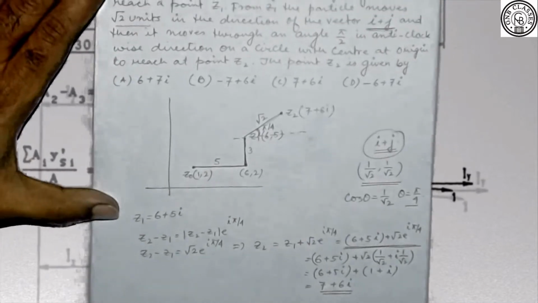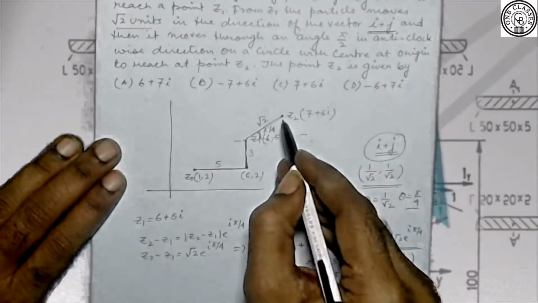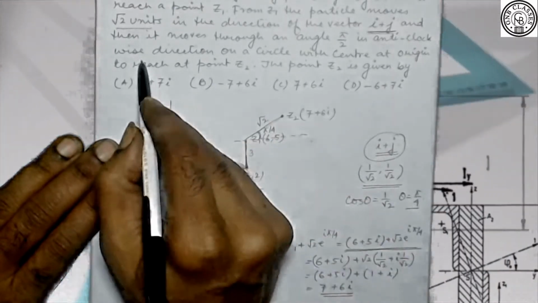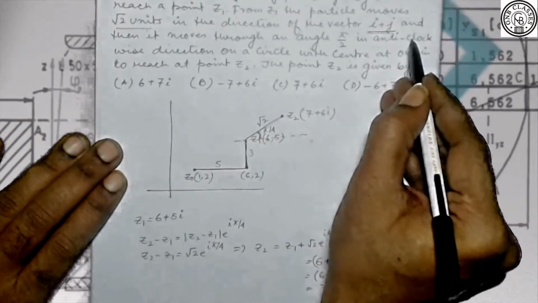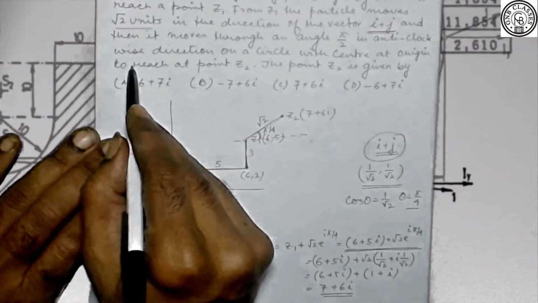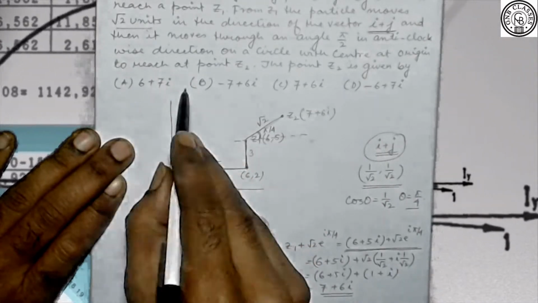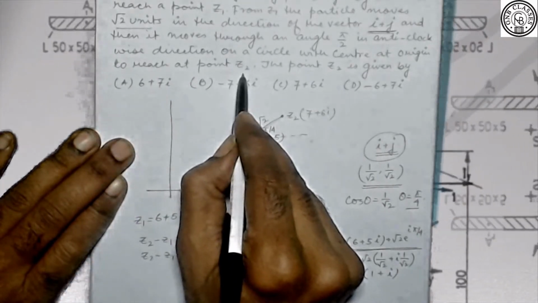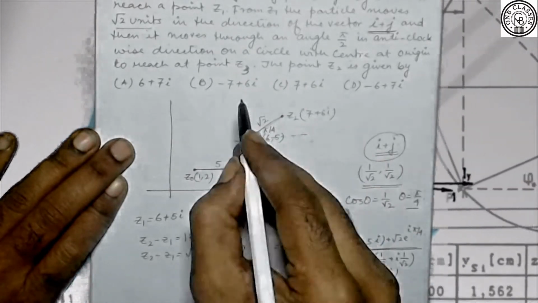Now what happens? Please see. Now they say, after reaching the point Z2, it moves through an angle of pi by 2 in the anti-clockwise direction on a circle with center at origin to reach a point Z2. Oh my God, Z2 has already been taken over here. Let me denote this thing by Z3, because I have already taken Z2.